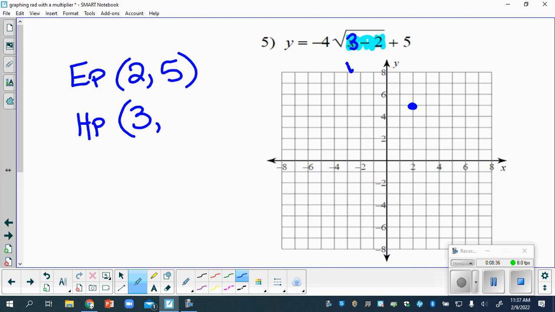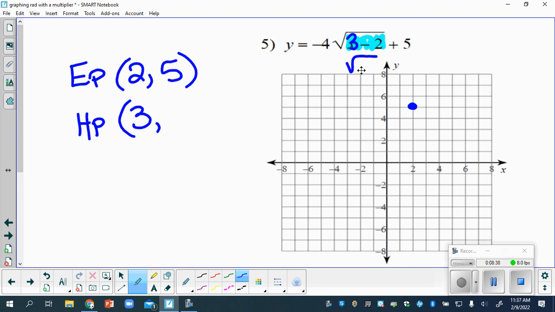So 3 take away 2 is the square root of 1. Okay, I've got a -4 out here, and I've got a +5. So the question is, what do I do next? Well, the next thing you do is get rid of the square root, because the order of operations says exponents, and he's like an exponent. So that's just going to be 1.